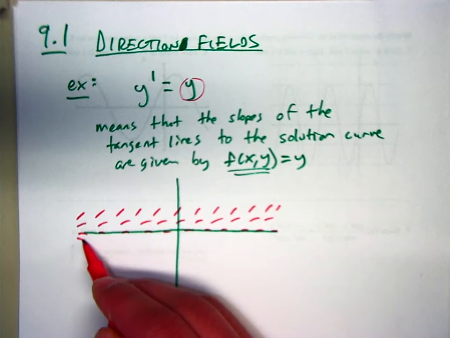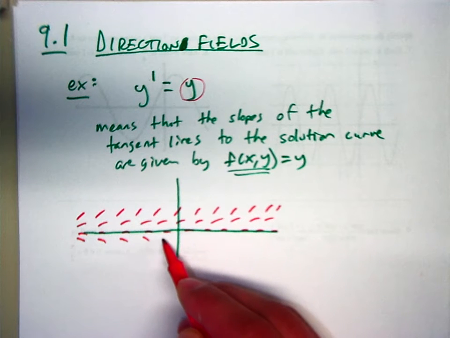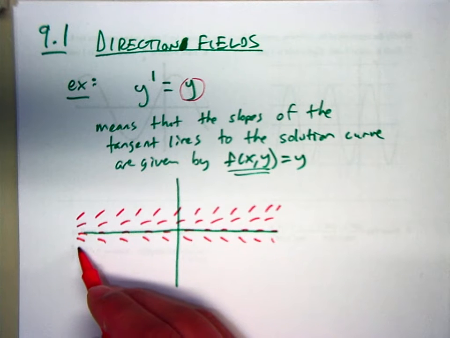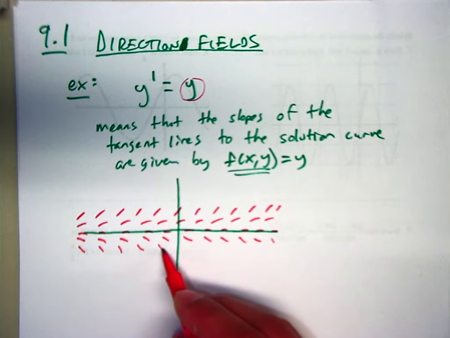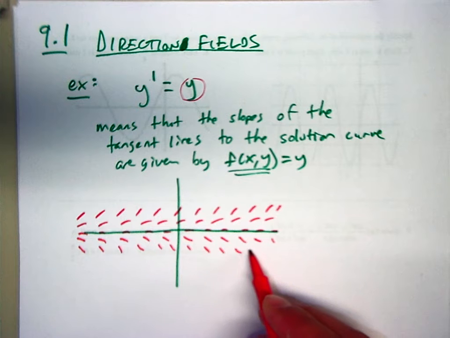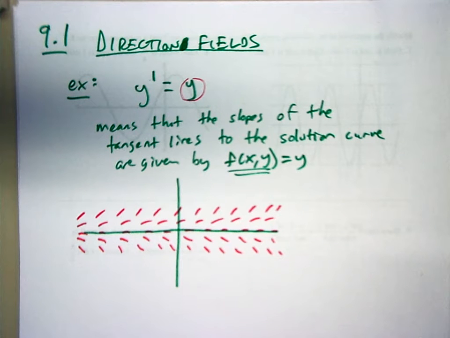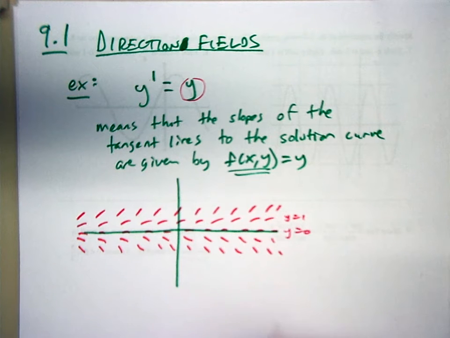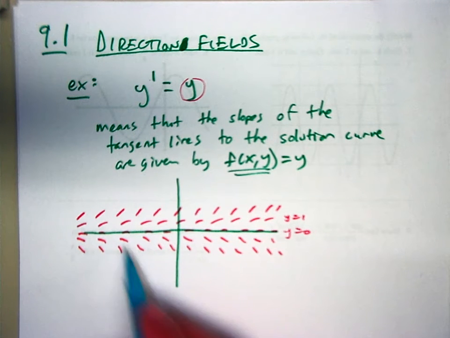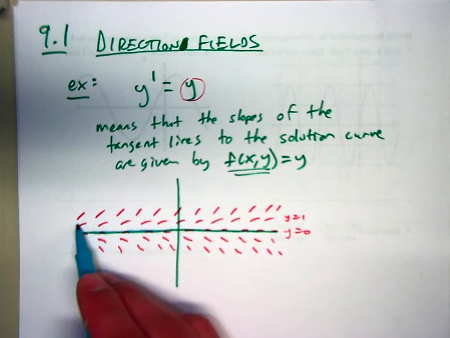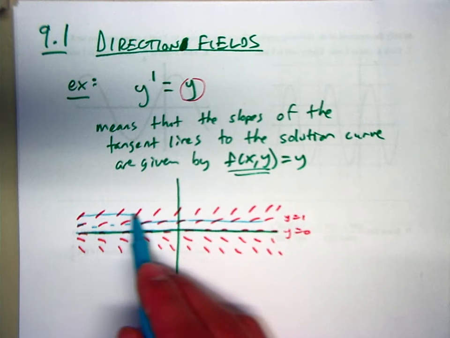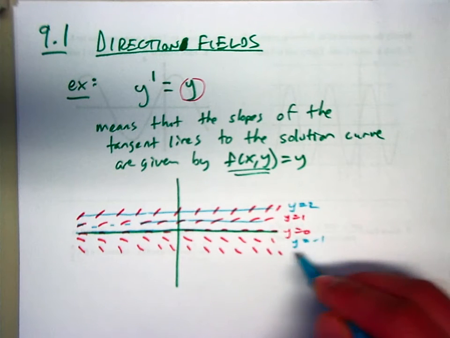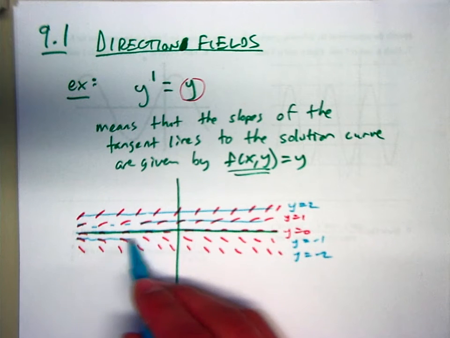And as we go down, same idea, except now we have negative slopes. If we go down to where y is equal to negative 2 or negative 3, steeper, more negative, you get the idea. Okay, so here's y equals 0. This was y equals 1 right here. Y equals 2, y equals negative 1, y equals negative 2.